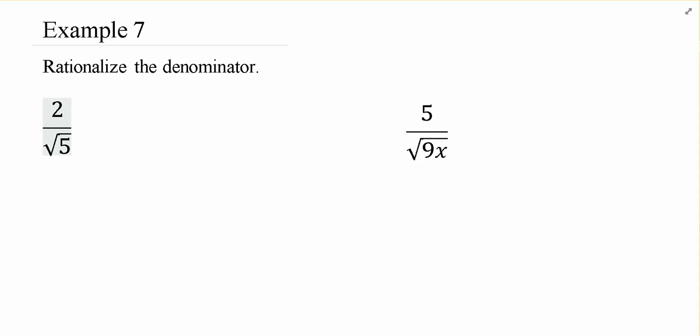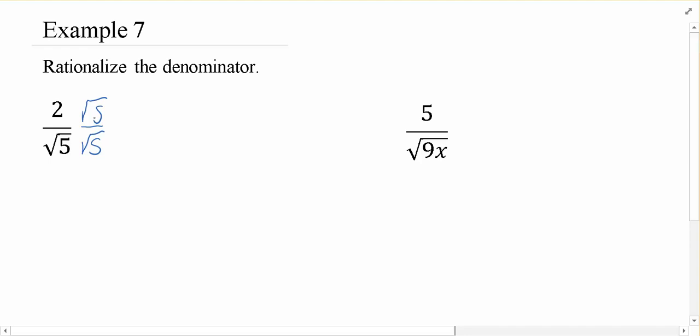Well, what does it mean to square something? It means to multiply it by itself. So it'd be sure nice if I could just multiply by the square root of 5. Well, I can't do that, but what I could do is do it on both the top and the bottom. In doing that, I'm multiplying by 1.